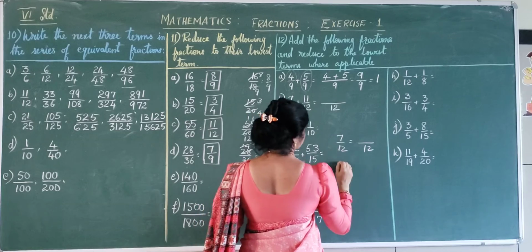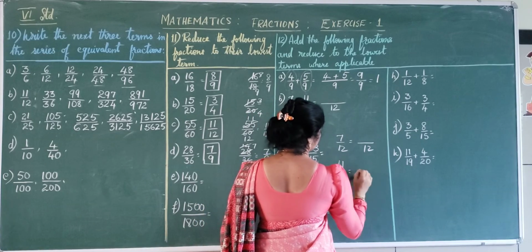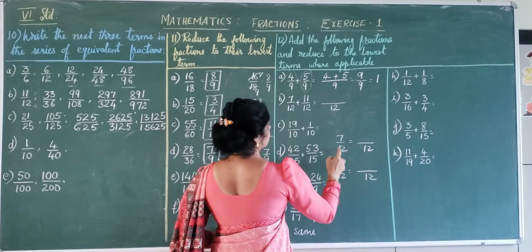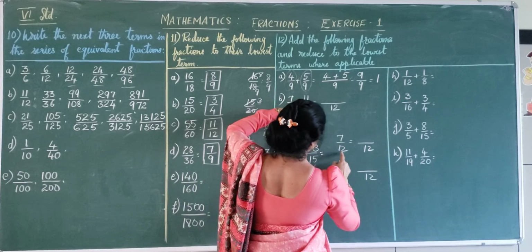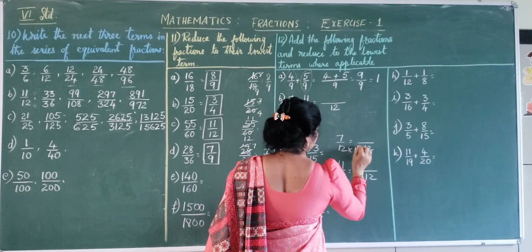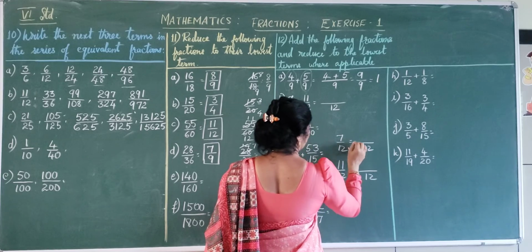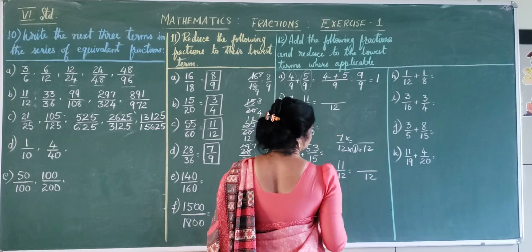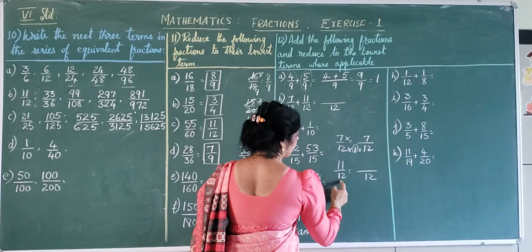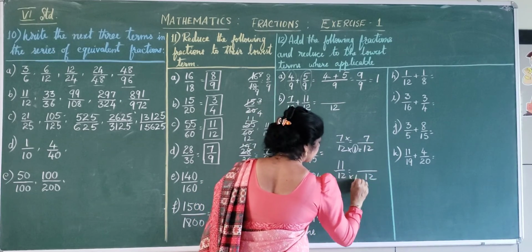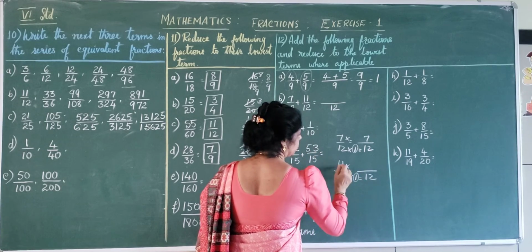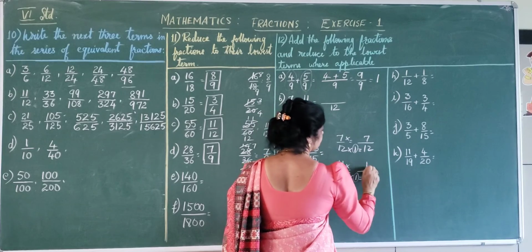And the second fraction is 11 by 12, 12 as it is. 12 into 1 is equal to 12. Now 1 into 7, so 1 7s are 7. The same way here, 12 into 1 is 12. Now this middle factor into the numerator, so 1 11s are 11.